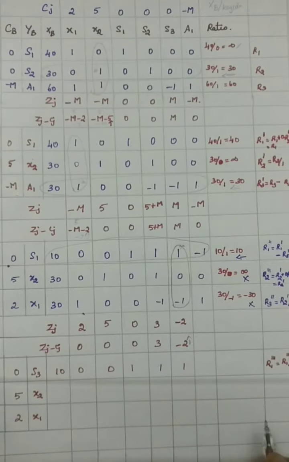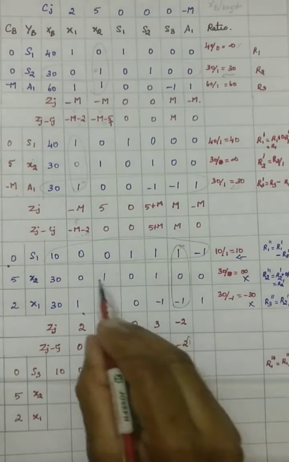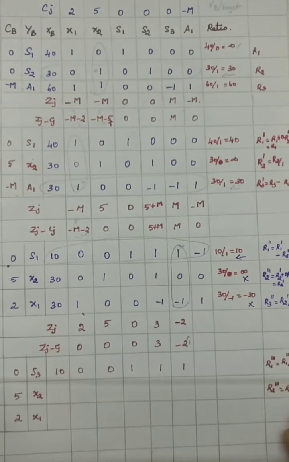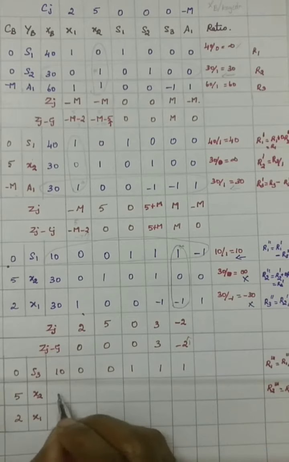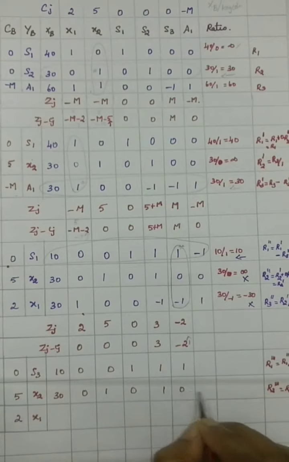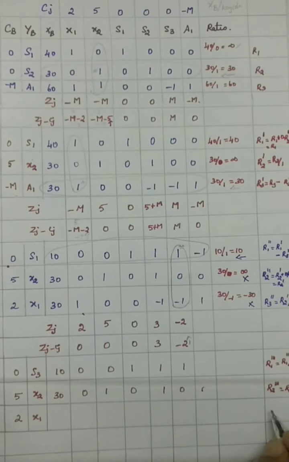So you have to omit the artificial variable column. Next we have 0, so R2 triple dash is also as it is. R2 triple dash is equal to R2 double dash minus 0 into R1 triple dash. So 0 into R1 triple dash is 0. So you keep it as it is: 30, 0, 1, 0, 1, 0, 0. You omit this one.